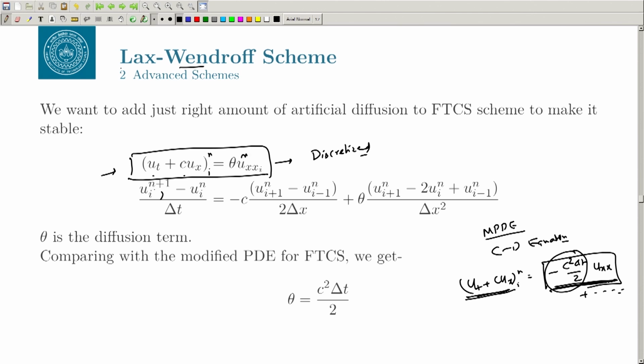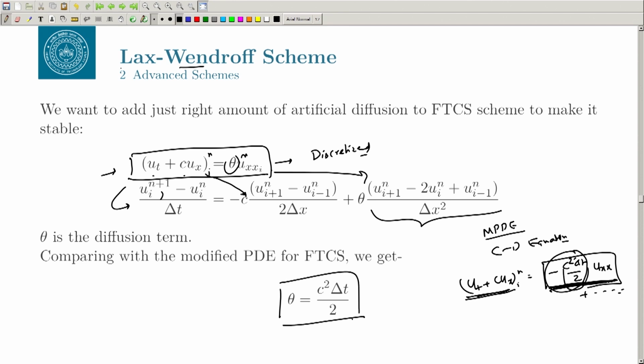Then you can write the time derivative like this: forward in time, central in space, and this theta is the diffusion coefficient, or diffusion number, which multiplies your u x x discretized scheme. If you compare with this FTCS scheme, we just have to balance out this term. So, your theta will become c square delta t by 2.